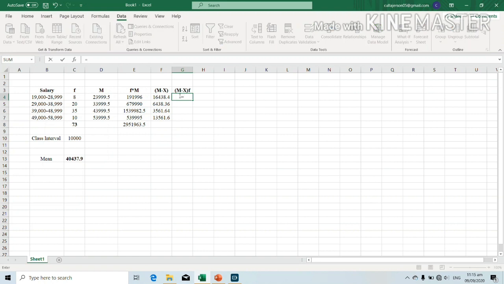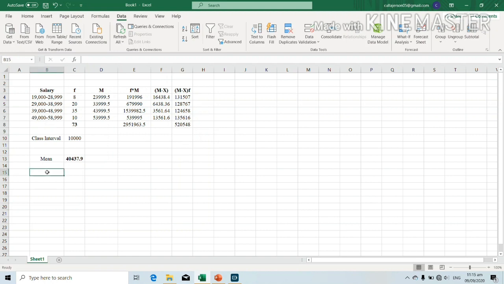Then, to determine m minus x times f, multiply lang natin sa frequency. Then, hilahin lang natin. Yan. Then, kunin natin yung kanyang summation or yung sum. Yan yung kanyang sum.